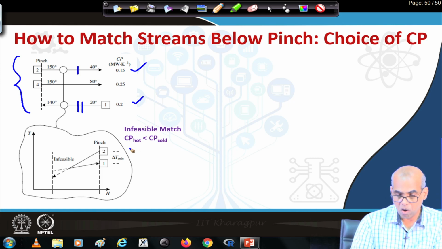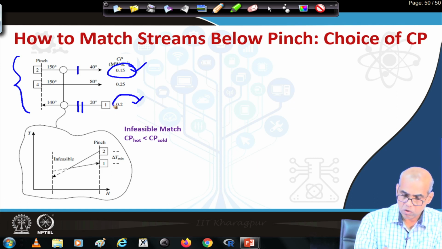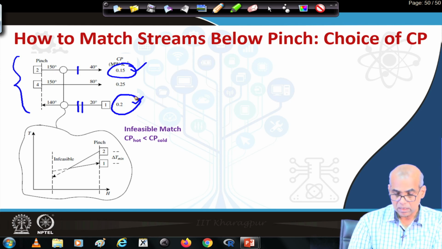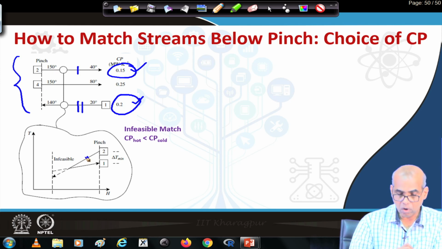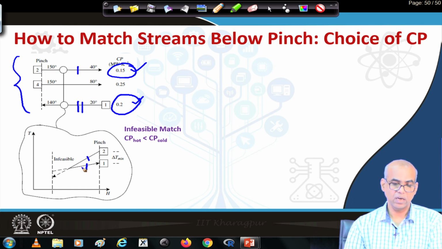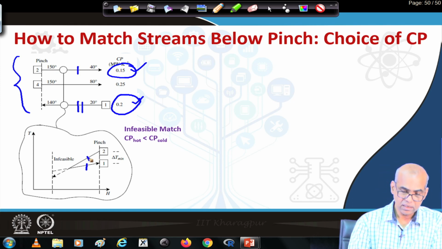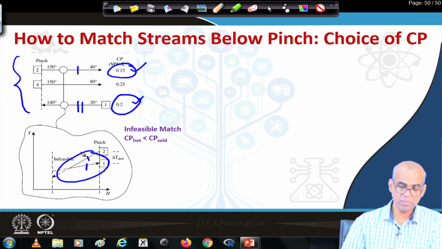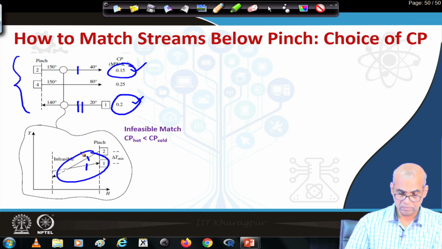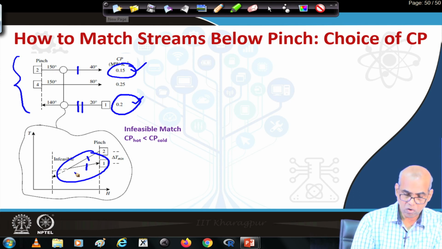So, Cp hot is less than Cp cold. In other words, the slope of the hot stream is greater than the slope of the cold stream. Now, you see that they lead to an infeasible match because of the violation of the delta T minimum. They cross at this point.